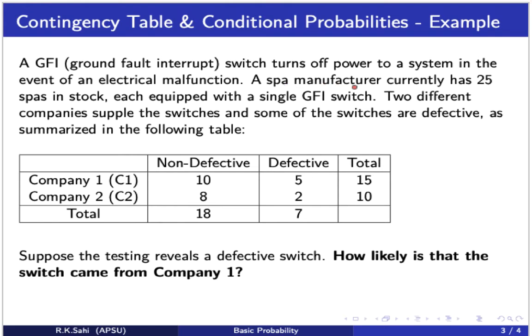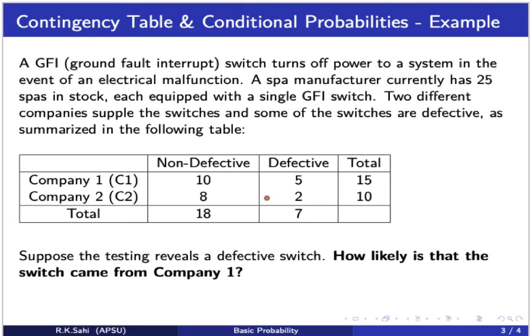A spa manufacturer currently has 25 spas in stock, and each spa is equipped with a single GFI switch. Now, two different companies supply the switches, and some of the switches are defective, as summarized in the contingency table given below.